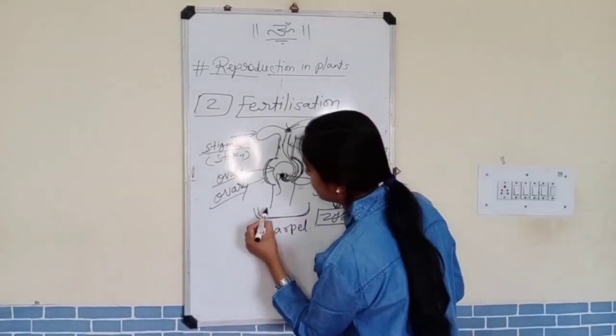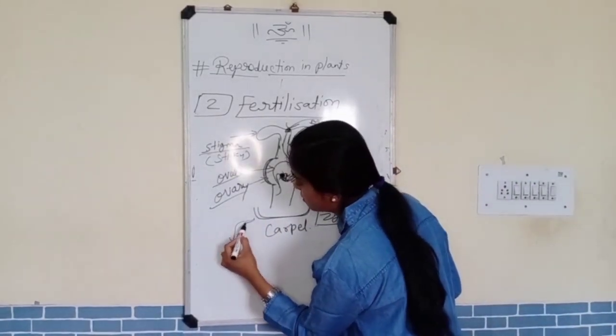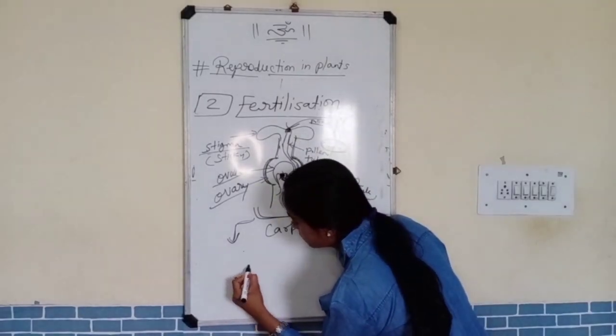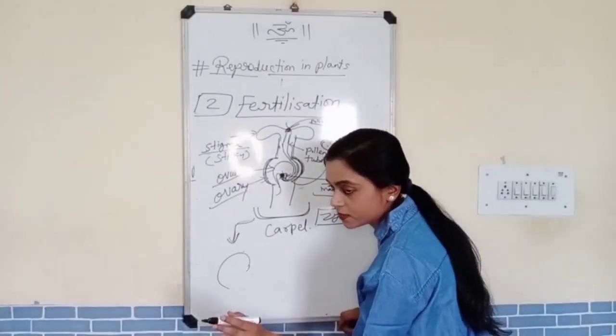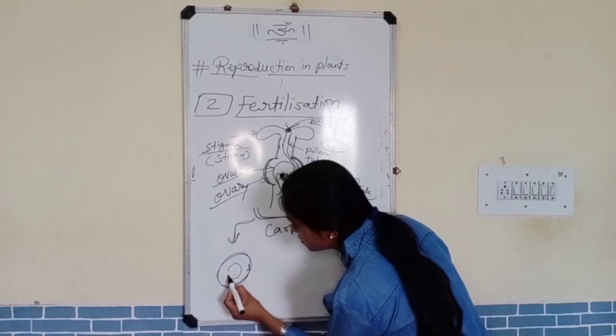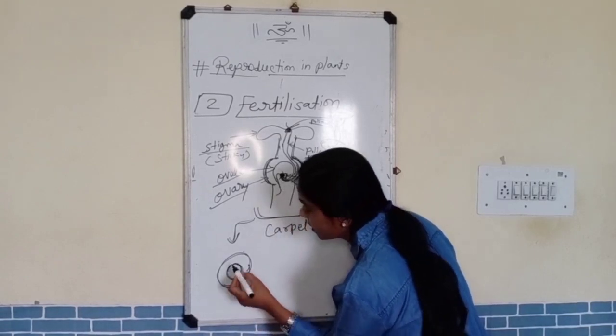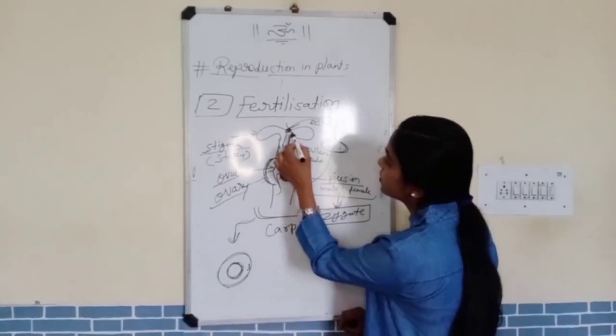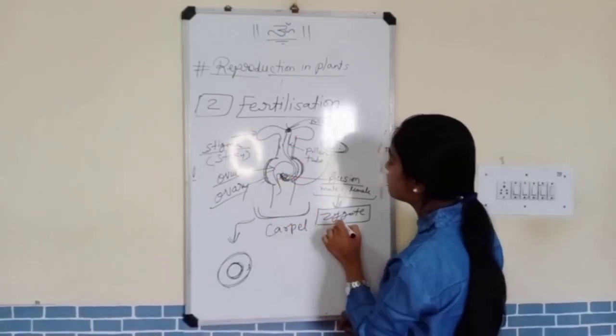So next, I am going to draw only the ovary. This is the ovary. This is the ovule. With the ovule, the pollen grains fuse and make a zygote.